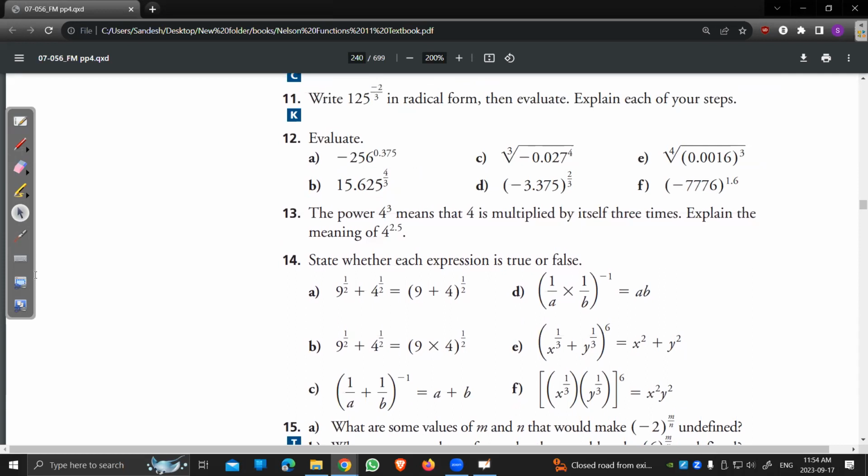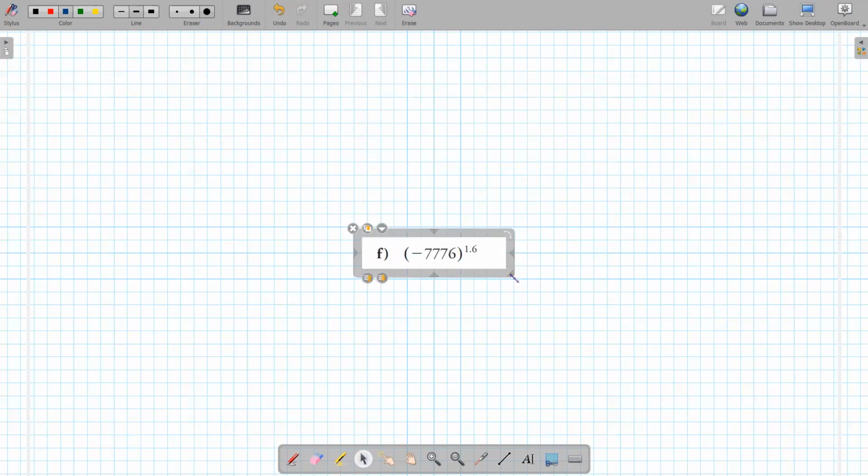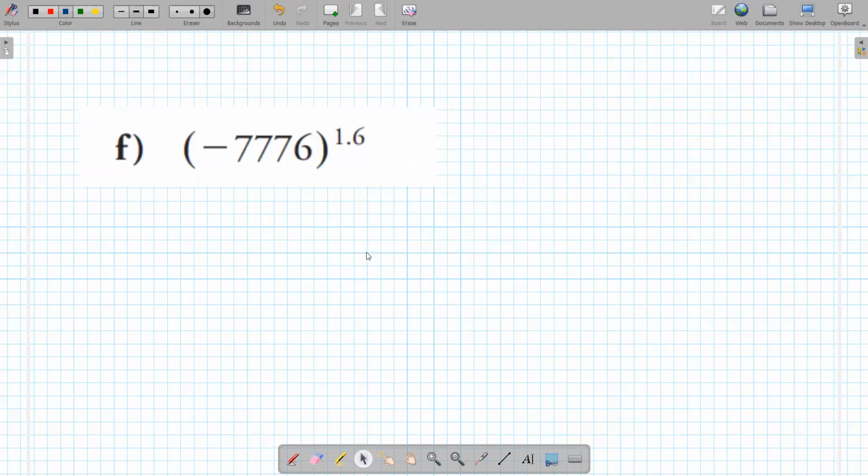Okay, before we do the next one, what's 1.6 as a fraction? We just need to shift this decimal point 1 to the side.